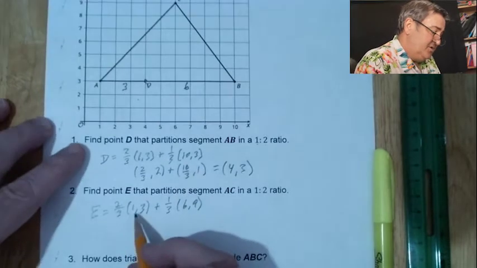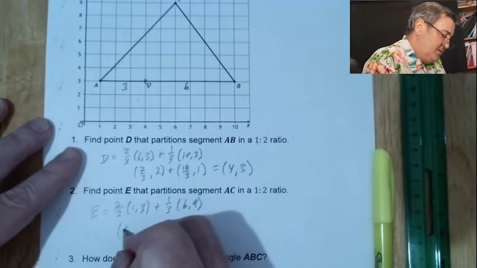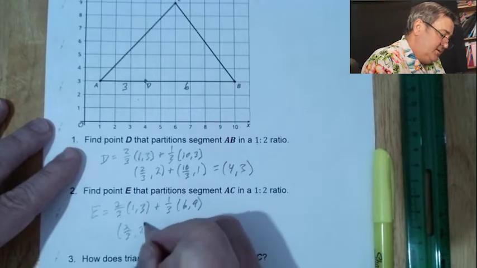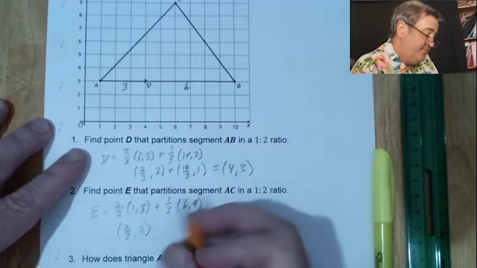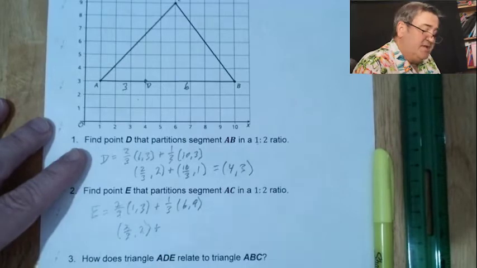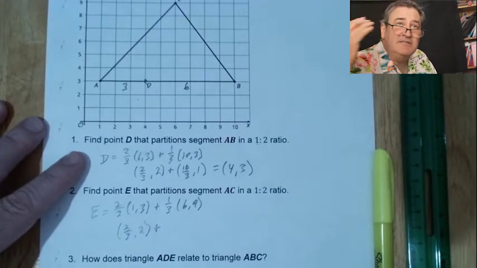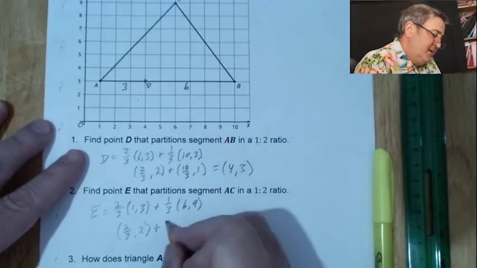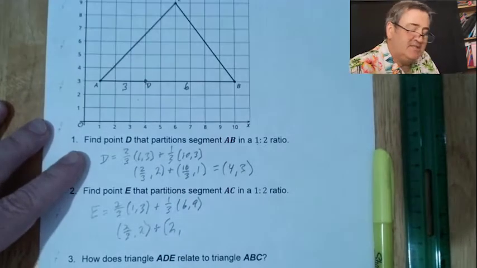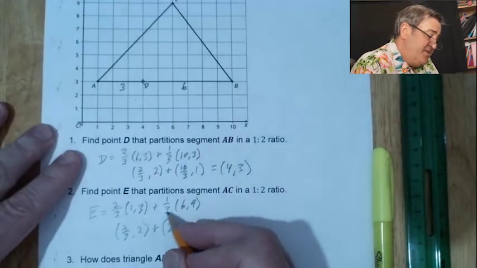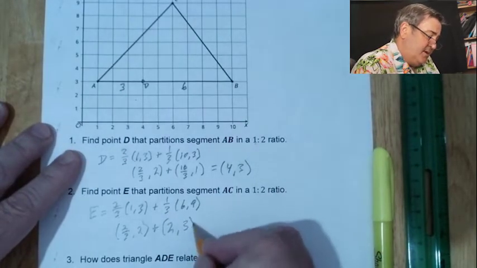Okay, so 2/3 times 1 is 2/3. 2/3 times 3, again, is 2, because it's 6/3. Plus 1/3 times 6. 6 times 1 is 6. I have 6/3. That means I have 2, because 6 divided by 3 is 2. 9 times 1/3, 9/3. 9 divided by 3 is 3.